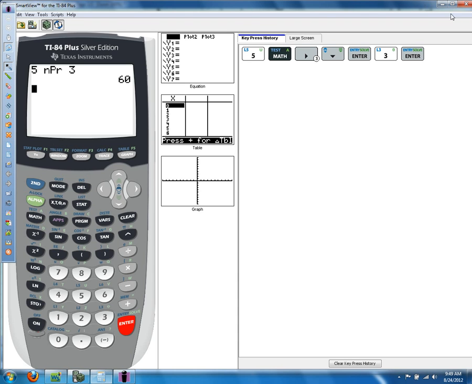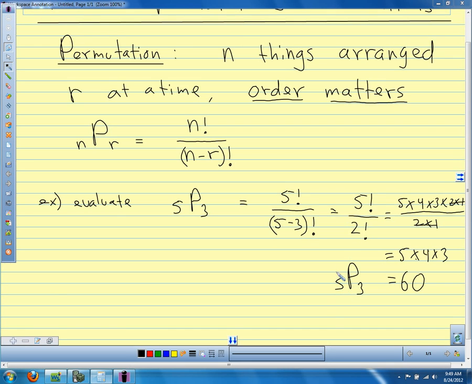What I did there was, my problem was 5 factorial divided by 2 factorial. That's what I did here. So that's just what I put in my calculator. I put exactly this in the calculator. 5 factorial divided by 2 factorial. Okay?